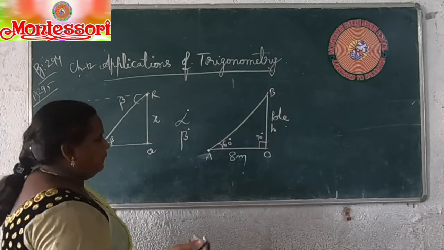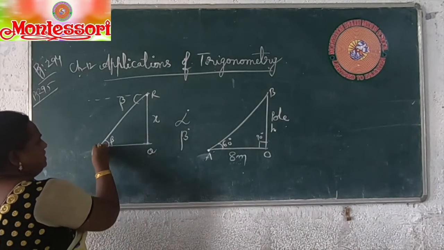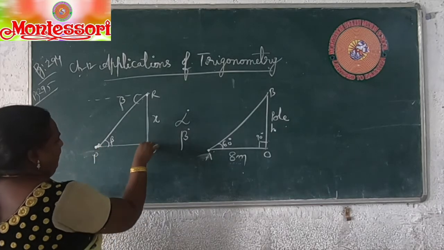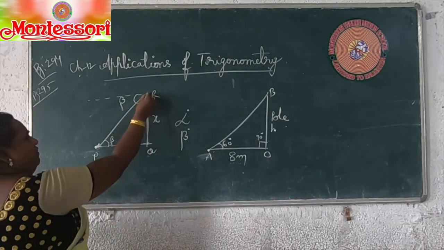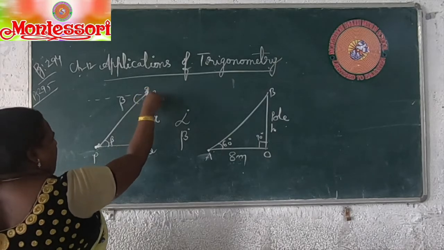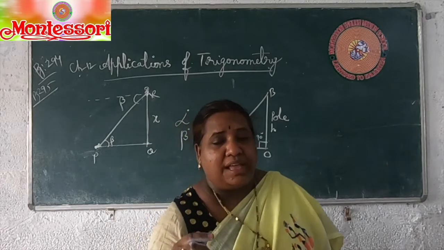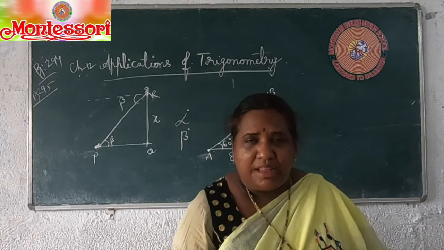Height of the building. What is PQ? Distance from the flower pot to this building. Whatever they ask, that girl is observing from here. So when you read the sum, try to draw the picture effectively. Then we can do the sum.